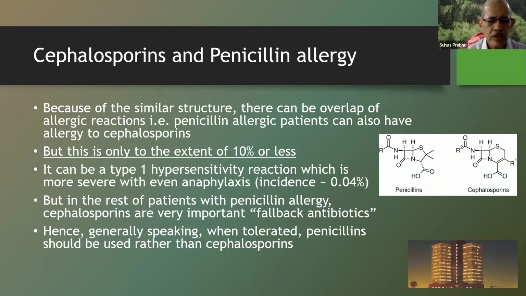That means they have a kind of rash, or they may get oral lesions, or they may get diarrhea. Only a very small number, as is shown here, 0.04%, develop a type 1 hypersensitivity reaction, which can be severe and even anaphylaxis. The incidence of anaphylaxis is only 0.04%.